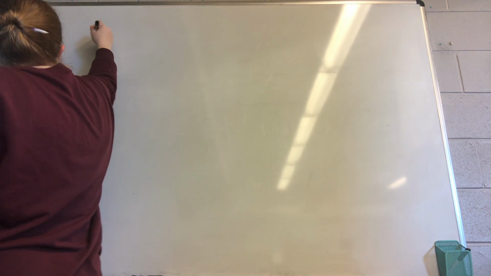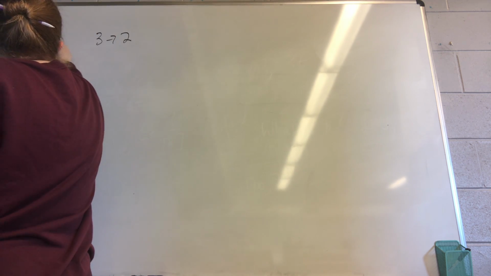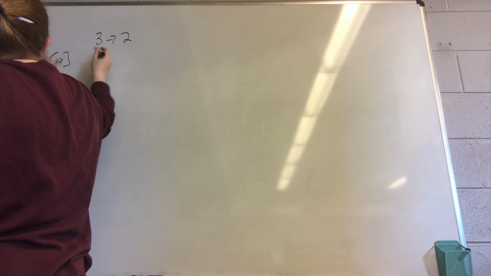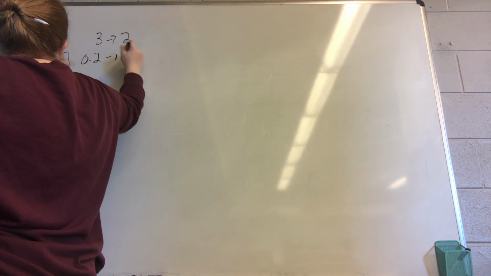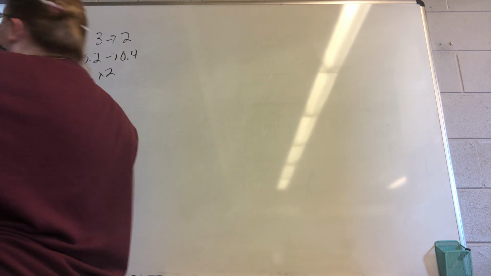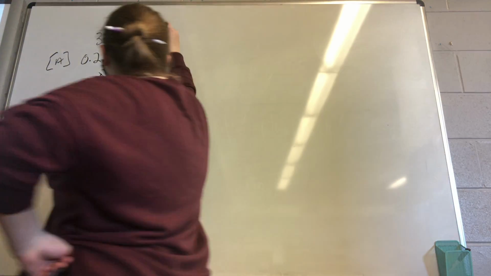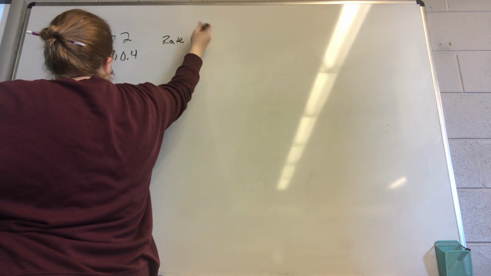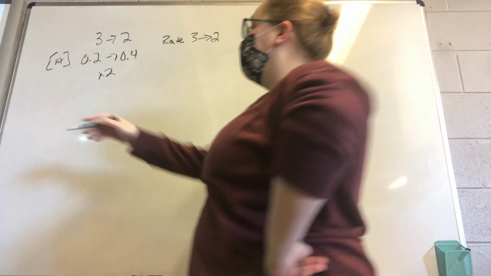So I'm going to go from experiment 3 to 2. The concentration of A went from 0.2 up to 0.4. So it multiplied by 2. The rate from experiment 3 to 2 went from 2.4 to 9.6.